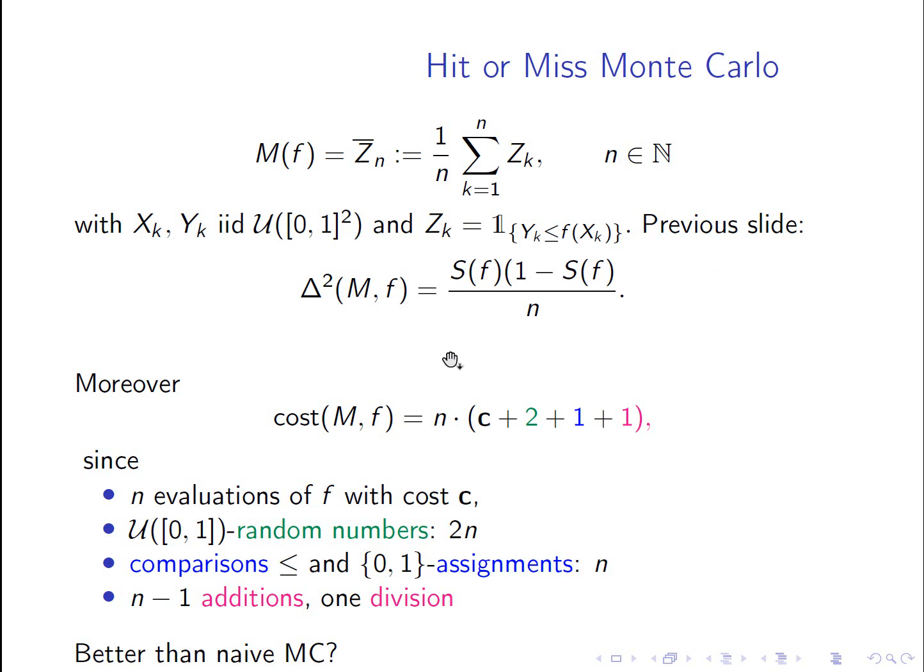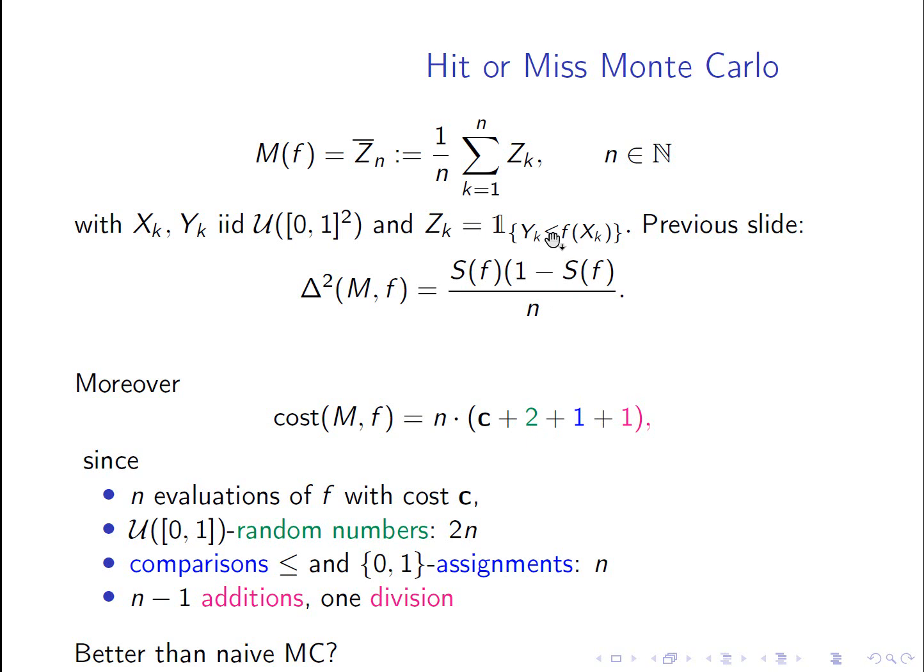And what is the cost in this case of hit or miss Monte Carlo? Well, again we have n evaluations of our function f, so we need to call the oracle n times, so we have n times c. Then we need X_k and Y_k n times, so we have 2n random numbers, so that's the factor 2n here.